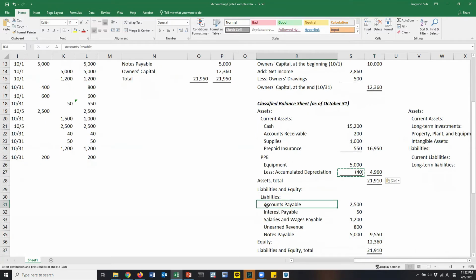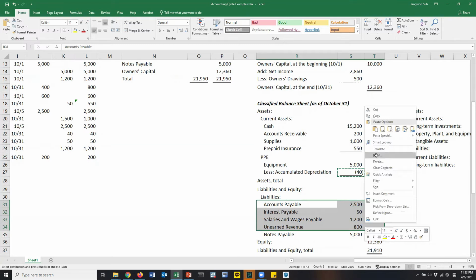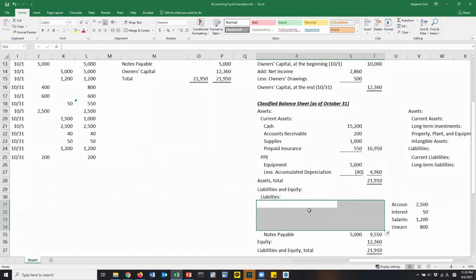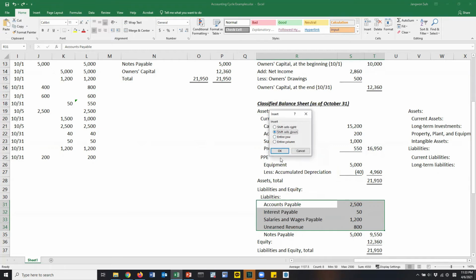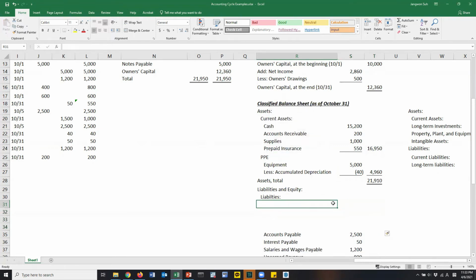Liability should also be classified into current portion versus long term. Let's scroll down. Oh, too much. Current liabilities. Let's distinguish it from the larger group of liabilities.